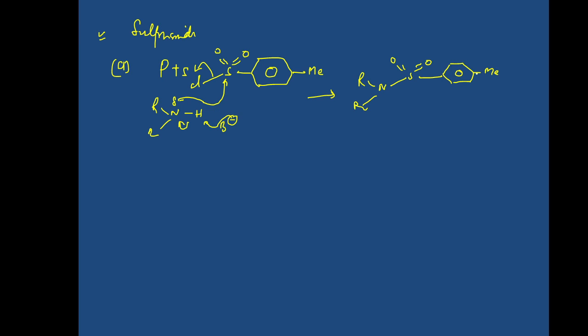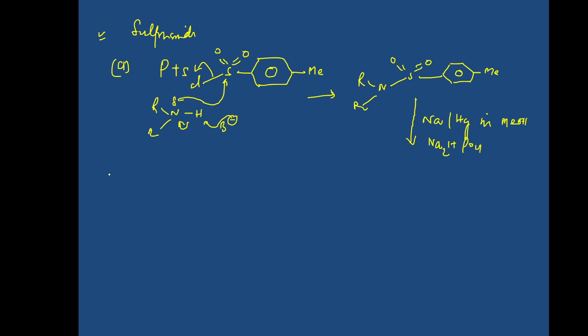Now if you need to deprotect this group, then you have to use a deprotecting agent, that is sodium amalgam in methanol, or you can use Na2HPO4. So this is again a very important protecting and deprotecting group.